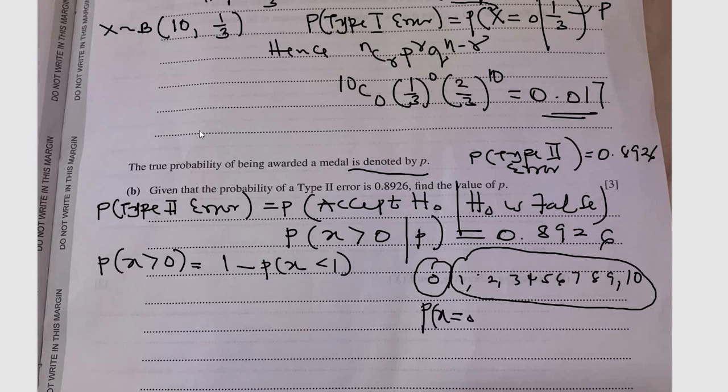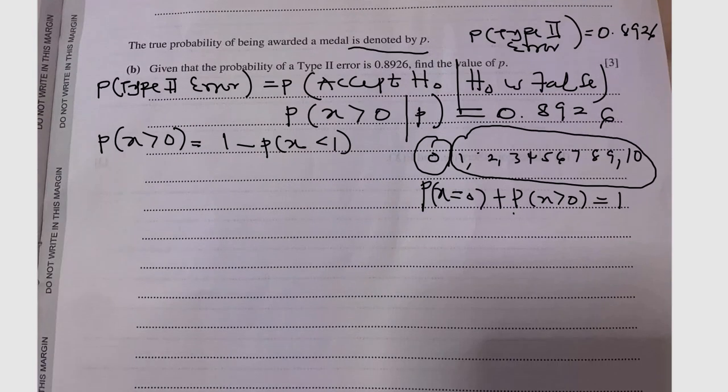So the probability of X is 0 plus the probability of X greater than 0 will give us 1. So from here, the probability of X greater than 0 will be 1 minus the probability of when X is 0.